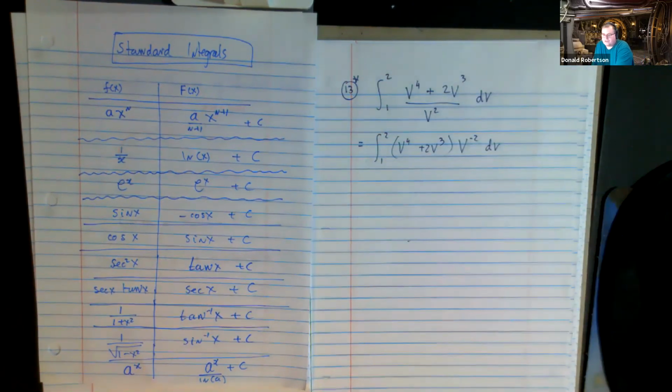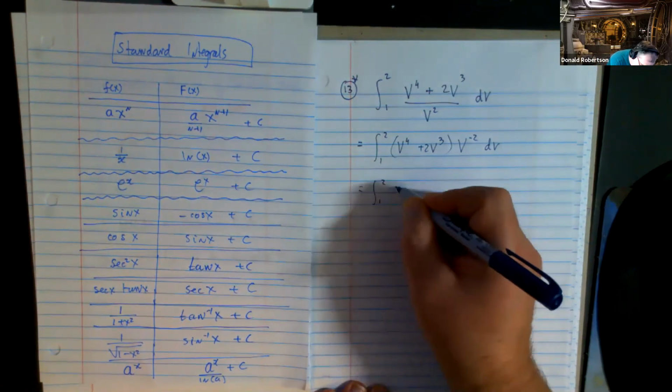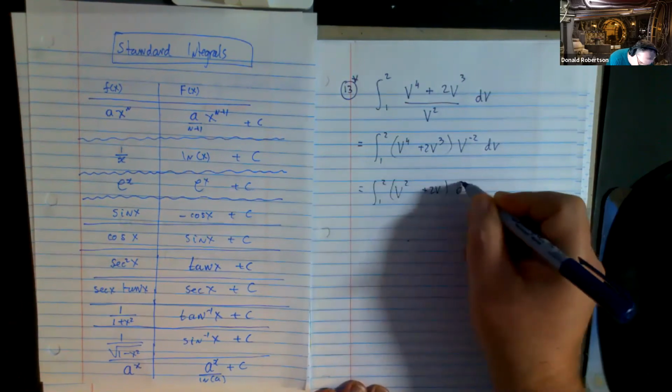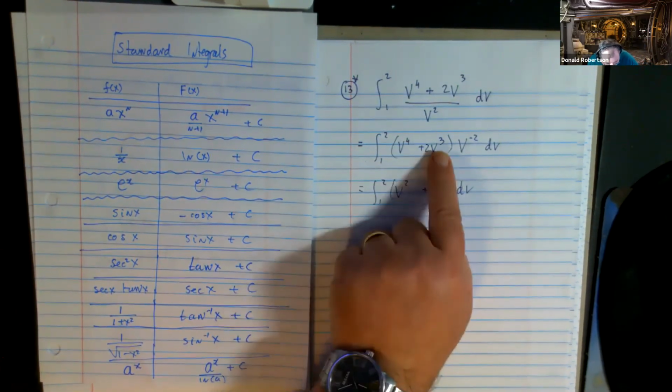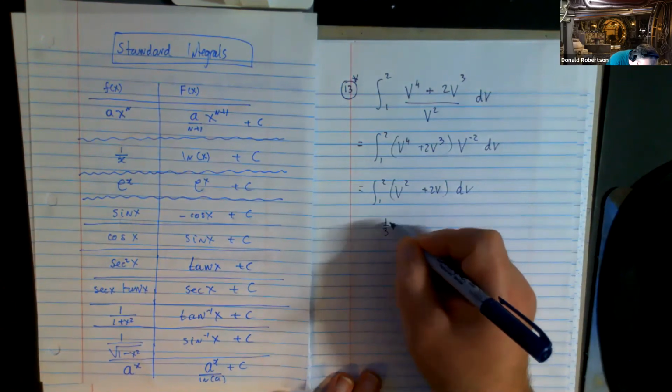Can't you just call the v squared v to the negative 2 and then distribute? Are you happy about this times this gives you v squared and this times this gives you 2v? Now I can do the power rule.